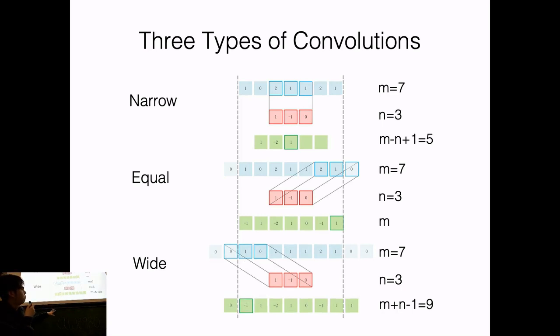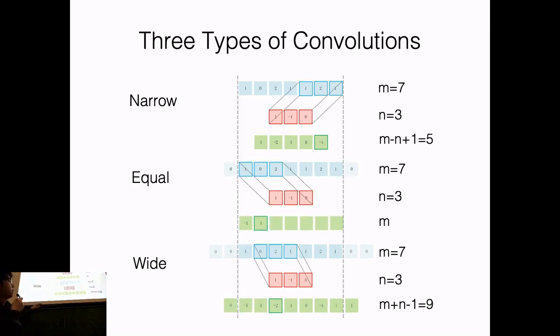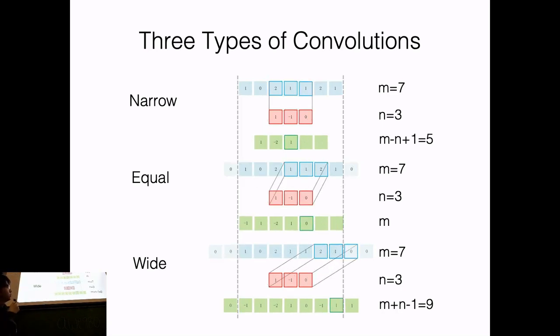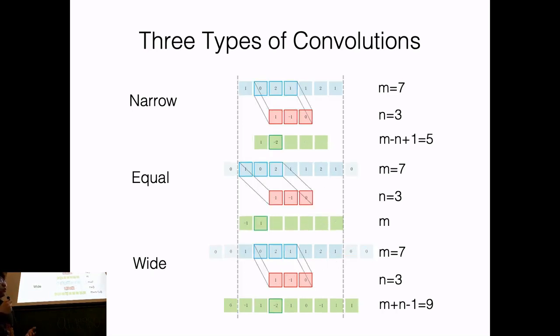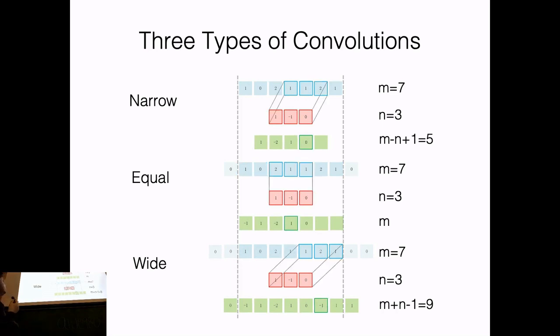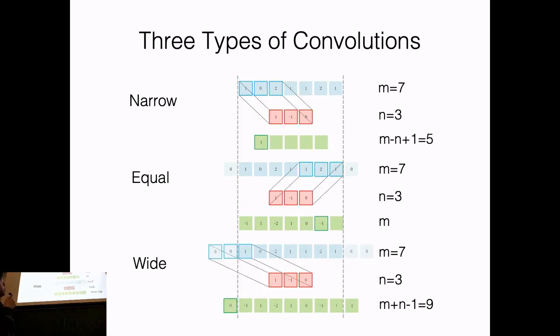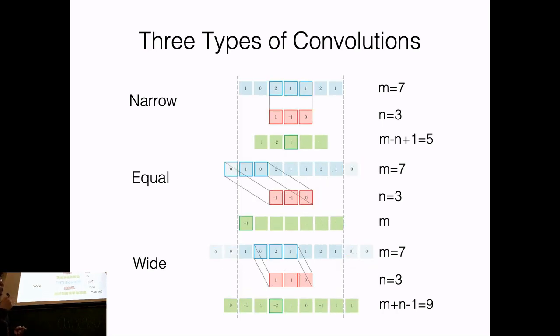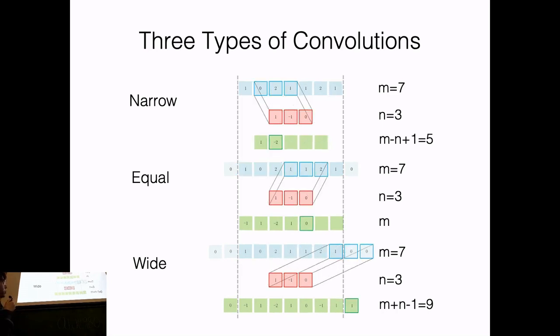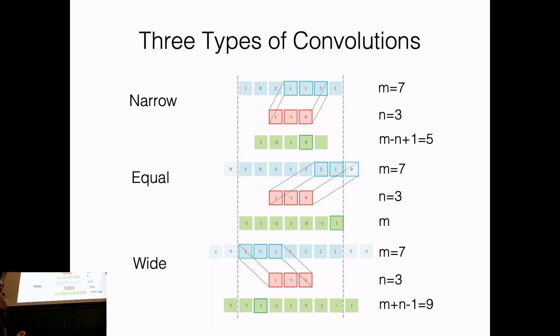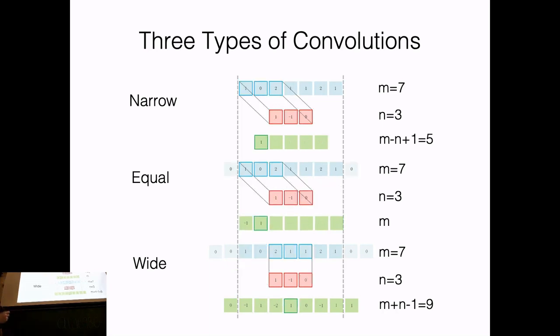Just follow this equation. So this just says if you choose different types of convolution, different types of padding mechanism, you will get different lengths of your output vector. It depends on the different case you have encountered.